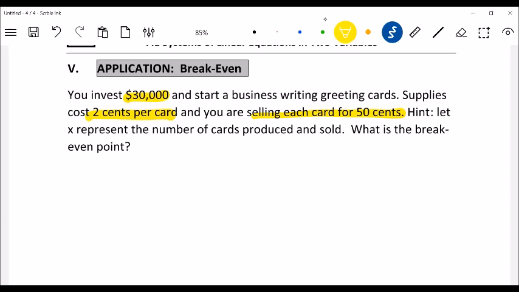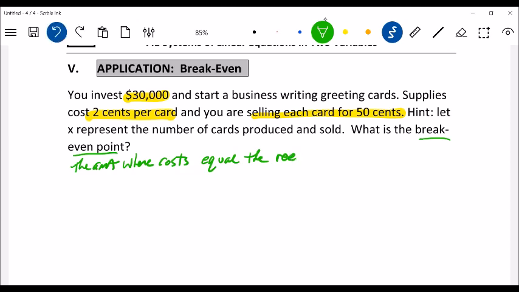So the actual break-even point, what the meaning of break-even point is, is the amount where costs equal the revenue. In other words, the amount that you're spending and the amount that's coming in to cover that spending, when it's equal, then you no longer are losing money.